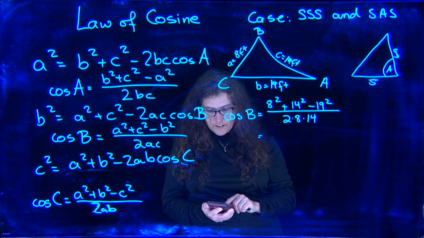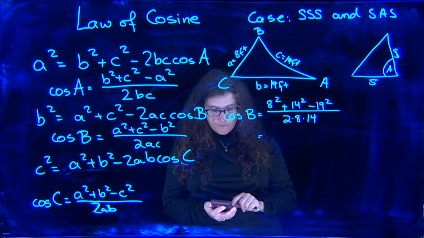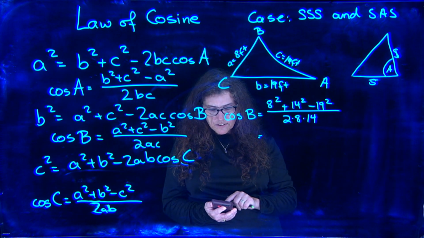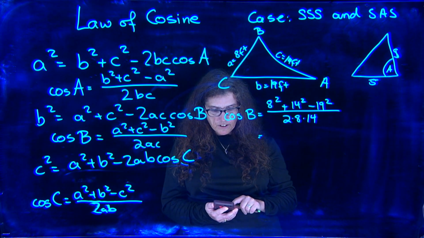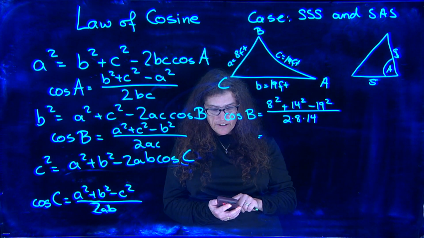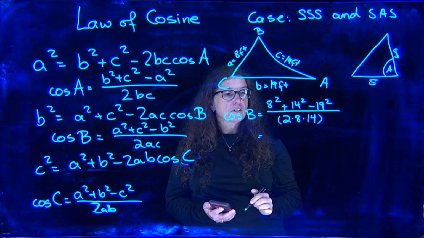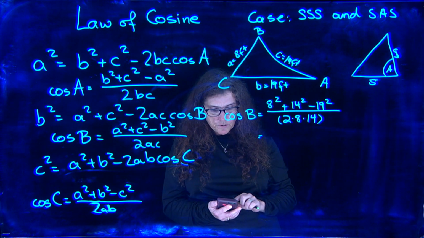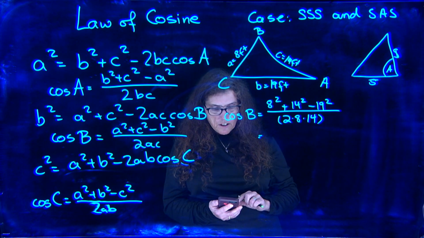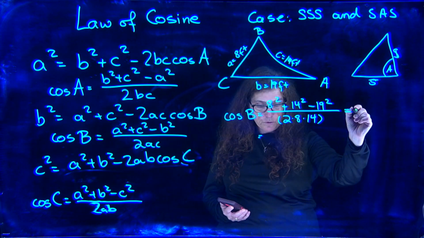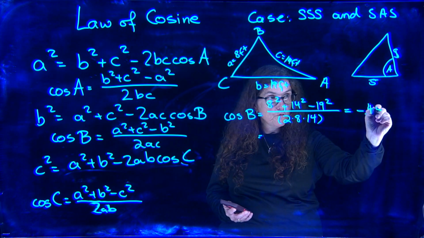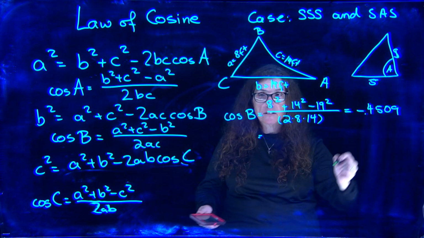64 plus 14 squared minus 19 squared, then say equal, divide that by, if you use your calculator, you need to put the denominator in parentheses, 2 times 8 times 14, and that is equal to negative 0.4509.